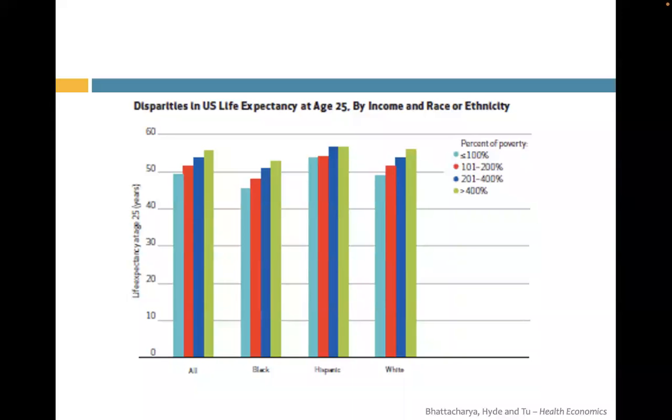These are the poorest among these four different income groups, and they report the lowest life expectancy at age 25. While this is true, if we look across race, Black individuals report even lower life expectancy than Hispanics and whites.